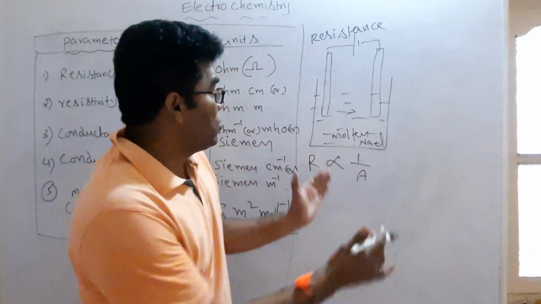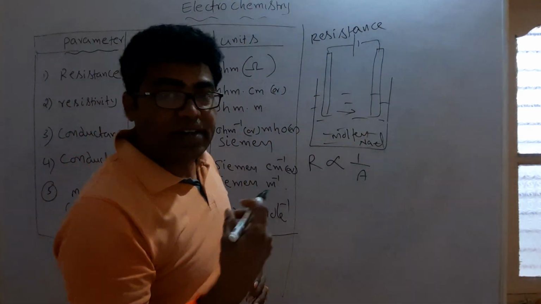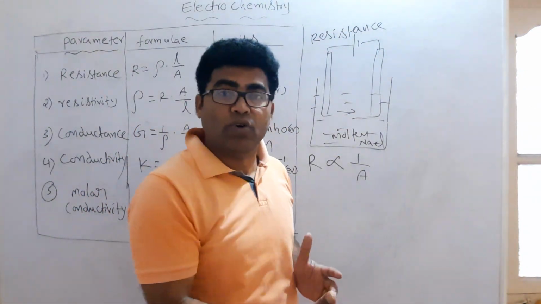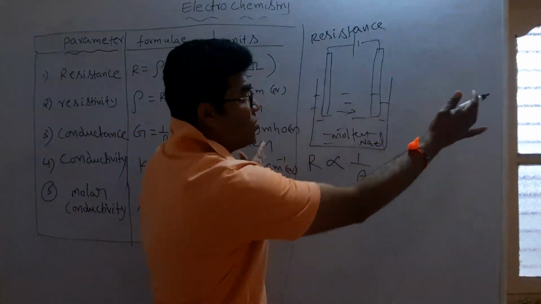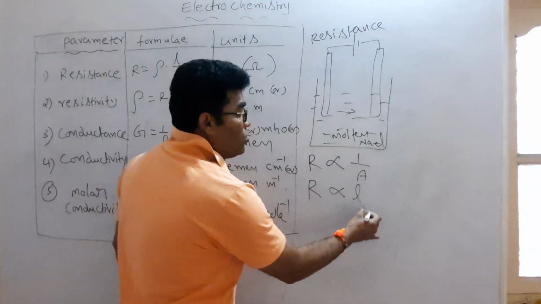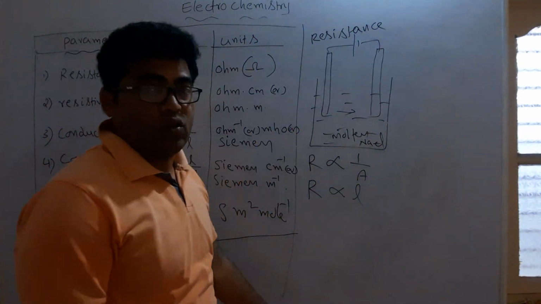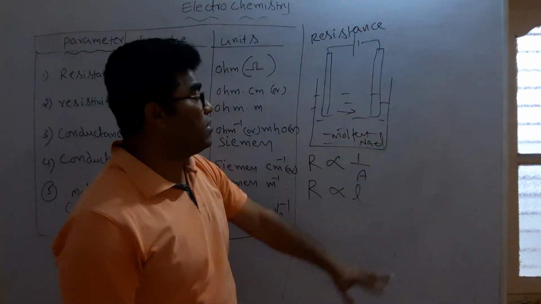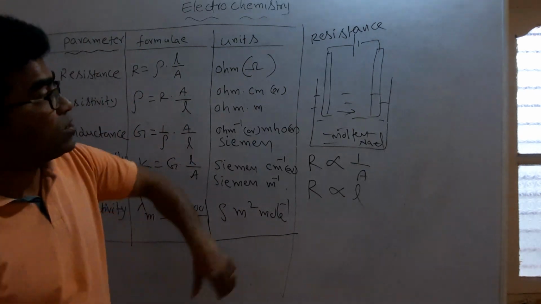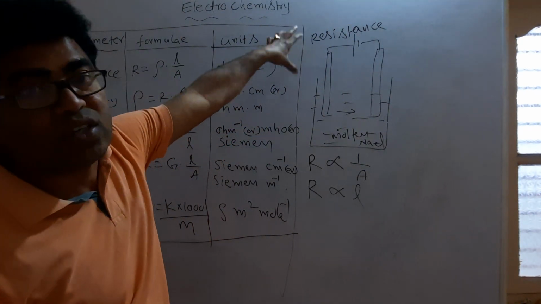If the distance between the two electrodes is more, then the resistance is also more. So resistance is directly proportional to the length between the two electrodes and inversely proportional to the area of cross section of the electrodes.